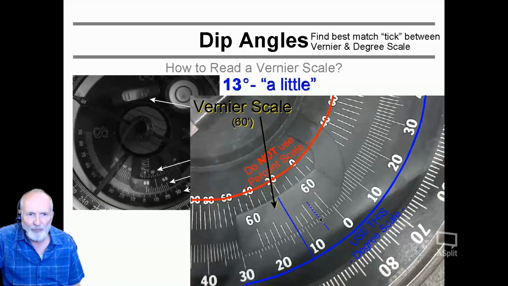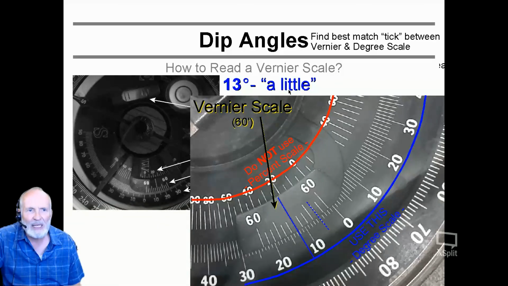For that perfect match now, you're going to read off the vernier scale, and looks like these are all given in 10 arc minutes. So 10 arc minutes, 20 arc minutes, 30 arc minutes, right there. 40 arc minutes, 50 arc minutes, 60 arc minutes. So this is the 40 arc minute line.